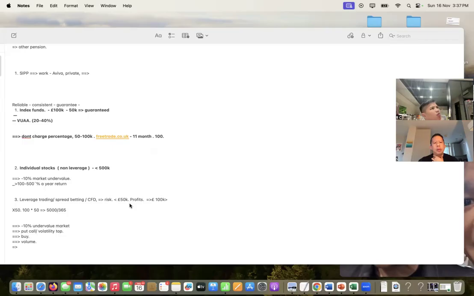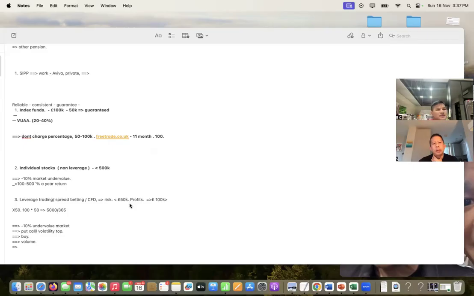Unless it really goes really, really down, then you probably lose like 50% of your money. However much you can make is also the same as however much you can lose on the leverage platform. So if you make £2, £3 and it's negative, then you should lose £2, £3 as well, not the whole £100.